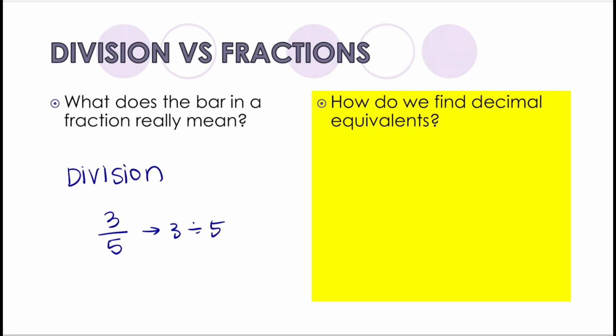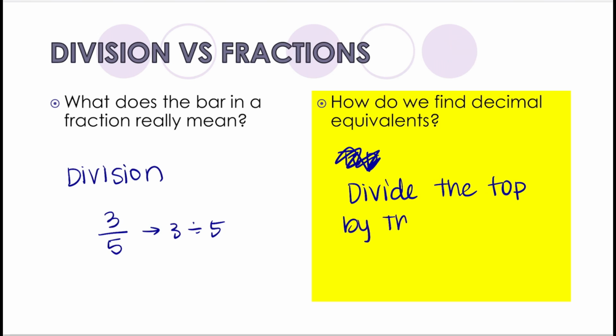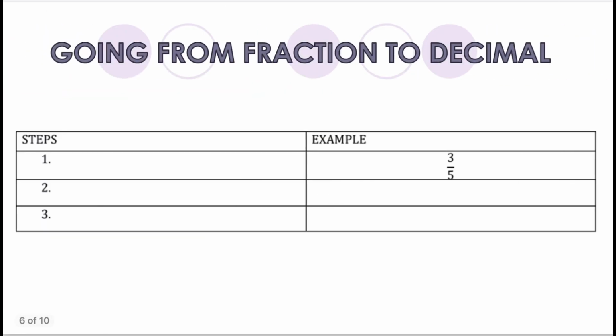So to find decimal equivalents, we're really just going to be dividing the top by the bottom, or in other words, dividing the numerator by the denominator. And that's really it. We're keeping the same definition of division. We're just actually calculating it using a calculator or using long division. For purposes of this video, we're just going to be using a calculator.